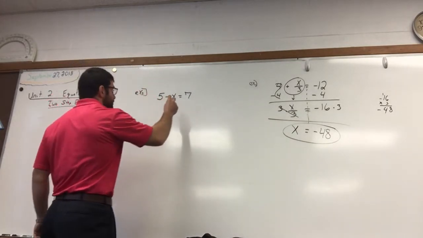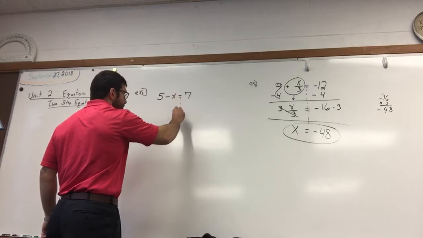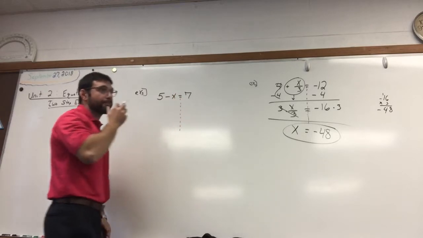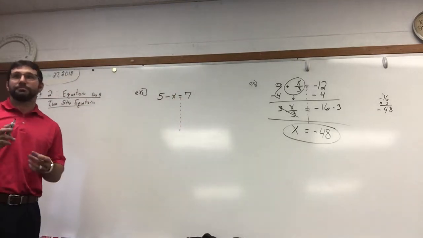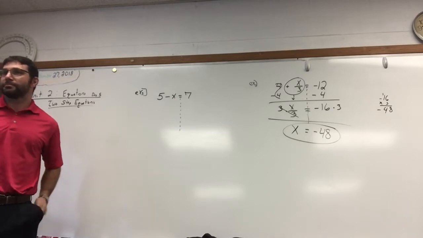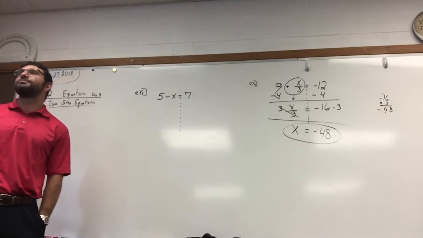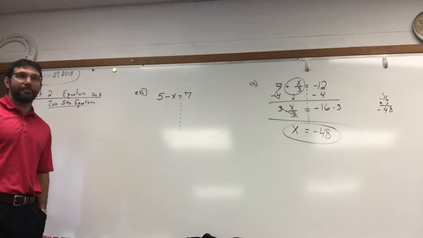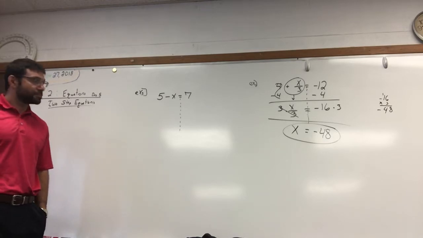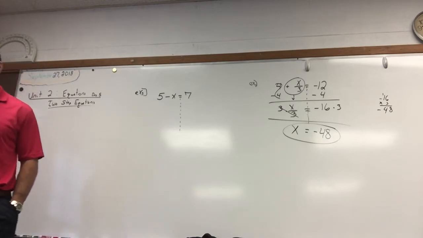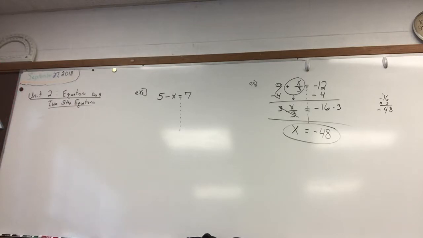I just had someone ask a really good question. We will come around and help if you have questions on this. So you're subtracting and subtracting. So what do you get over here?